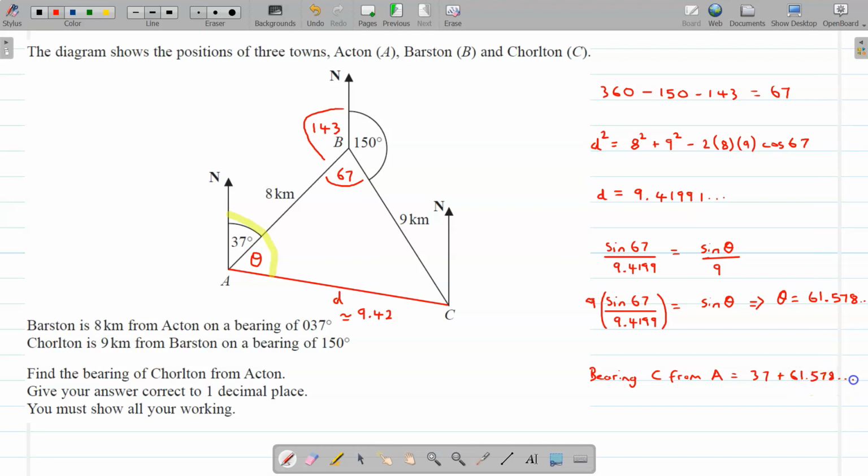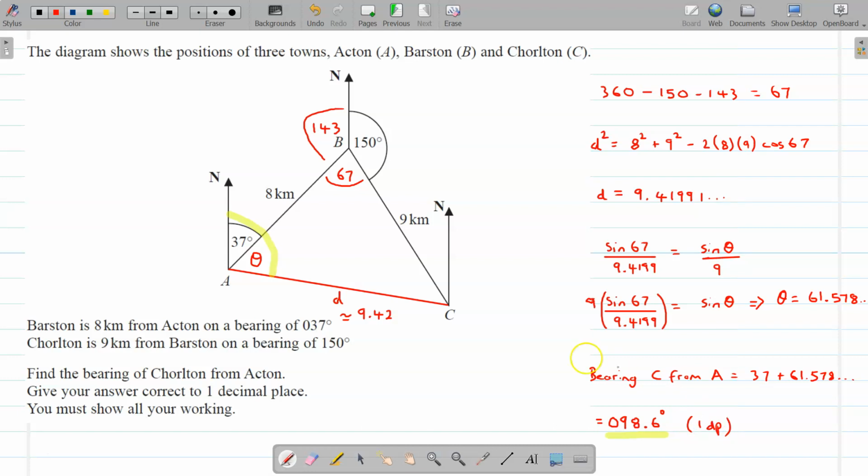But you only need to do it to one decimal place, so that comes to 98.6. Now just one more thing you have to do, is put a 0 in front of it. For a bearing it has to be 3 digits. So watch out for that one. 3 digits before the decimal point. And just say that that's to 1 dp.